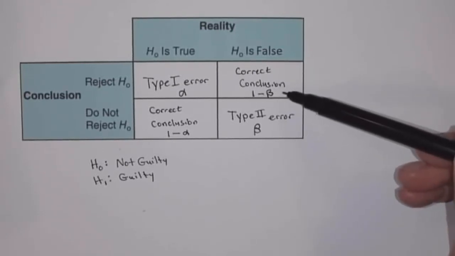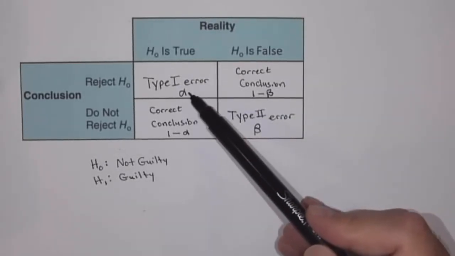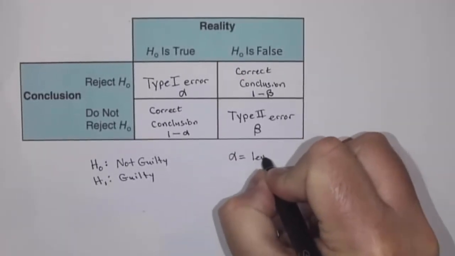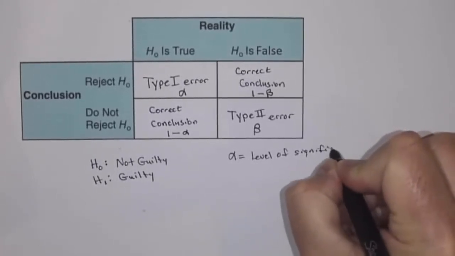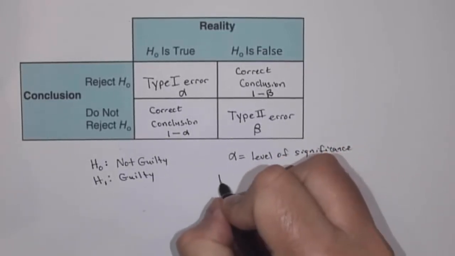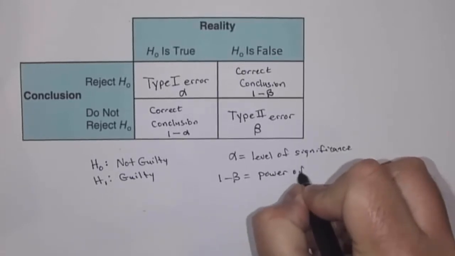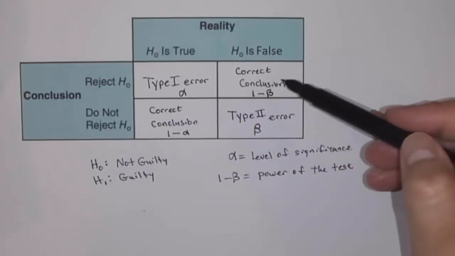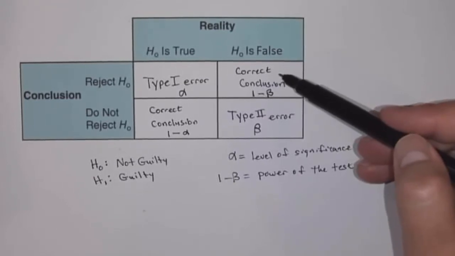And that 1 minus beta is called the power of the test, and again, alpha is called the level of significance. So alpha equals the level of significance, and we're going to be using that extensively. 1 minus beta is called the power of the test, which again is the probability of concluding that the null hypothesis is false when it really is false.